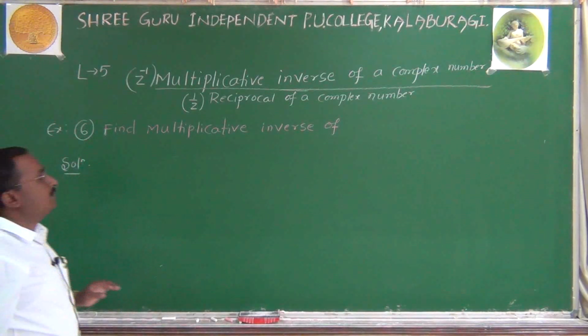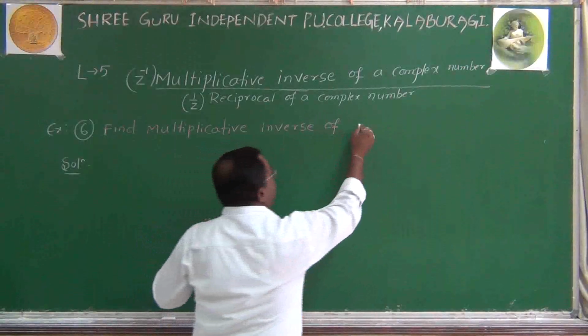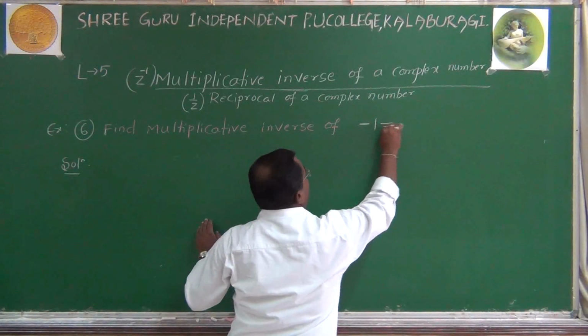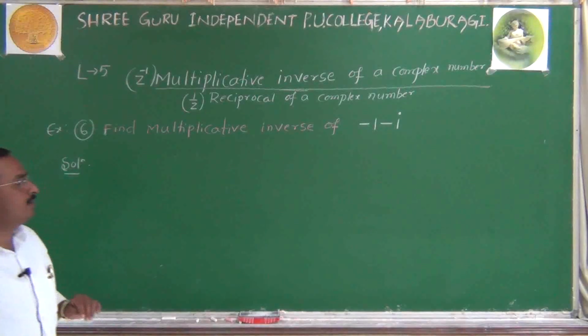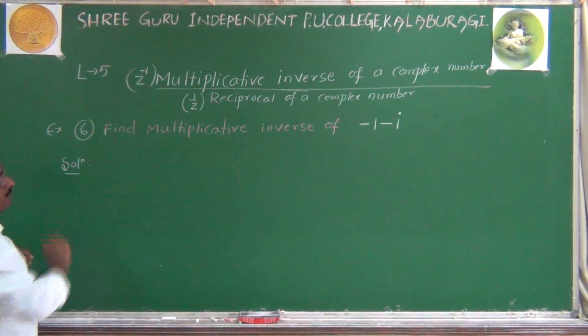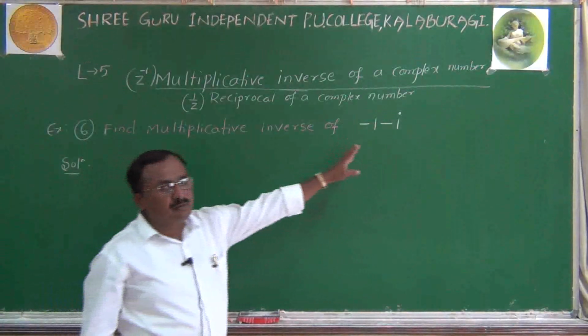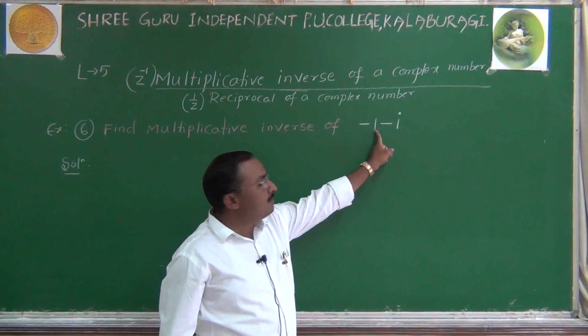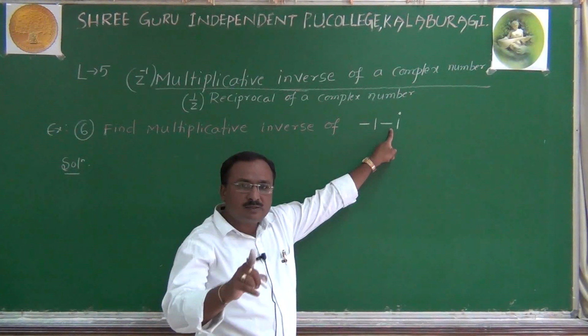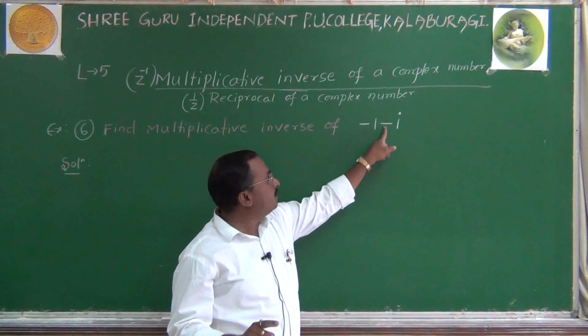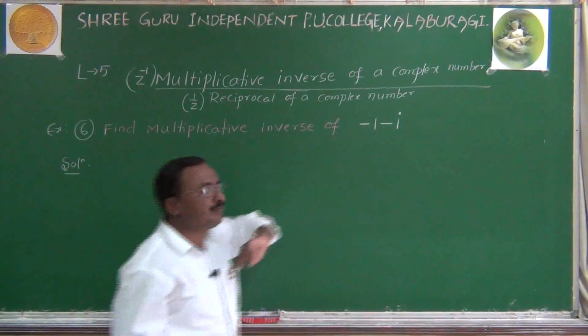Find multiplicative inverse of minus 1 minus i. Just both are negative. In this place, real part is minus 1 and imaginary part is also minus 1.